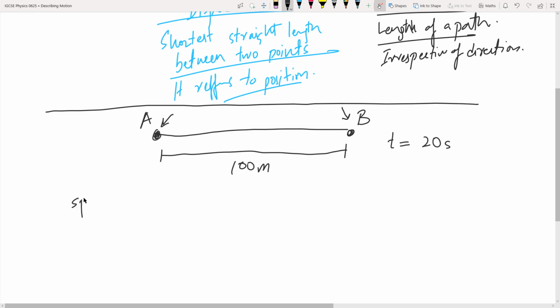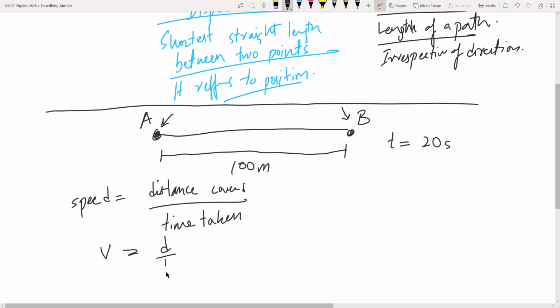So what is speed? Speed is what we define as distance covered over time taken to cover that distance. It is represented by the symbol small v. So it would be d by t.